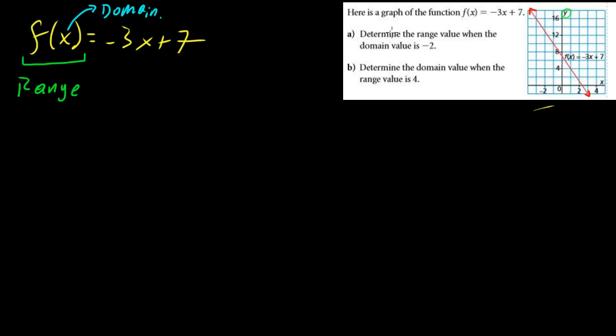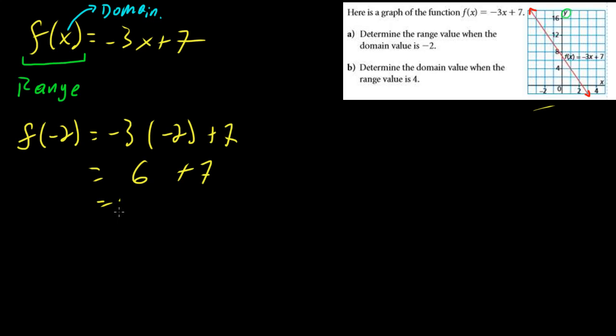So determine the range value when the domain value is negative 2. Algebraically, we can just say that f of negative 2 equals negative 3 multiplied by negative 2 plus 7. Do a little math here, and we get that this is equal to 13. And this is algebraically. Let's take a look on our graph though. When the domain value is negative 2, this is like saying x equals negative 2, just like we did algebraically.